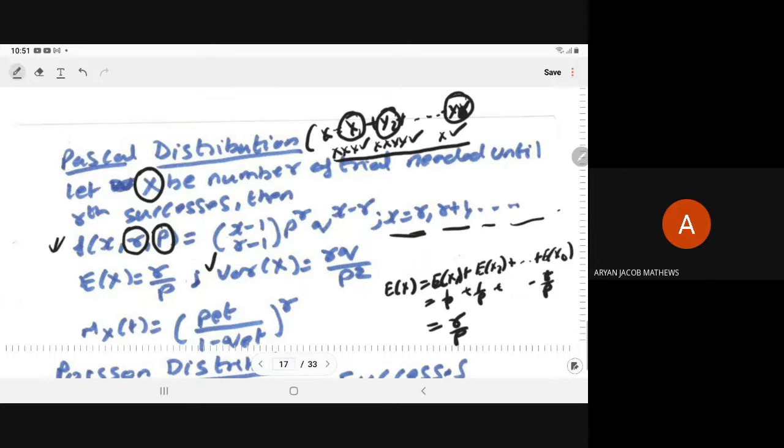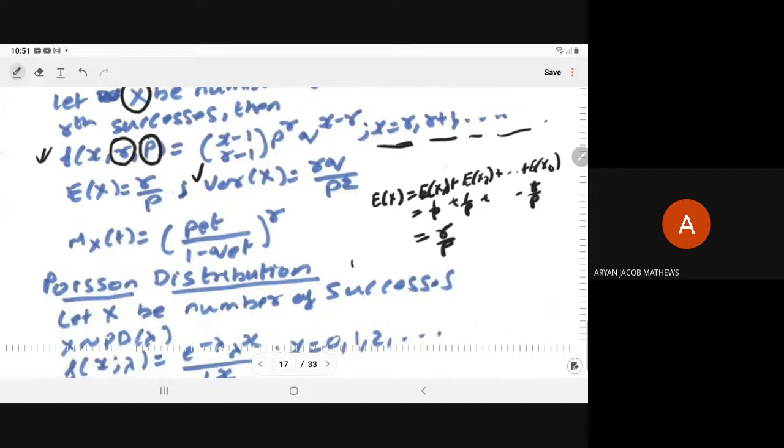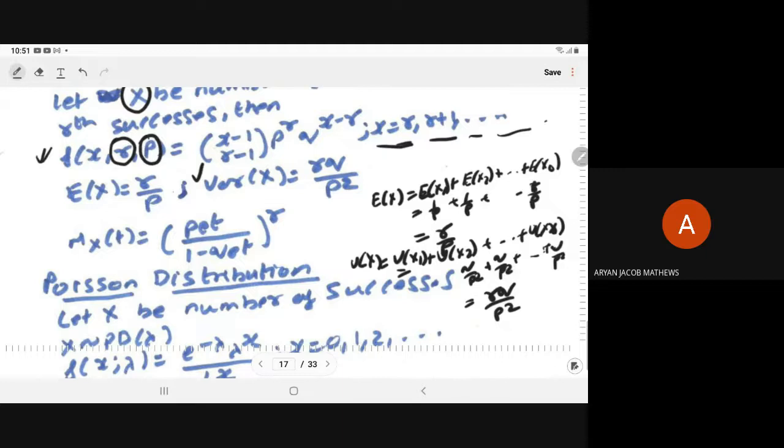Similarly the variance of x is the variance of x1 plus variance of x2 plus up to variance of xr. So it becomes q upon p square, r times, that is rq upon p square.